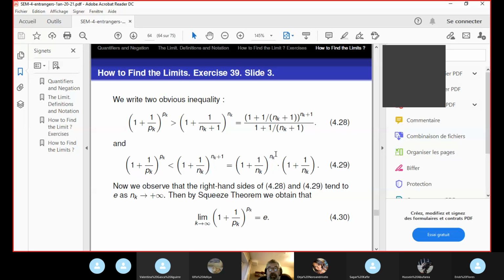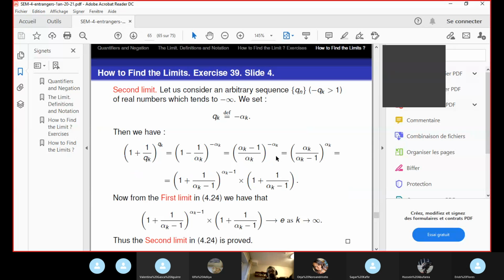So the formula 4.30. Clear? Agree? Yes. So no problems here. Very good.